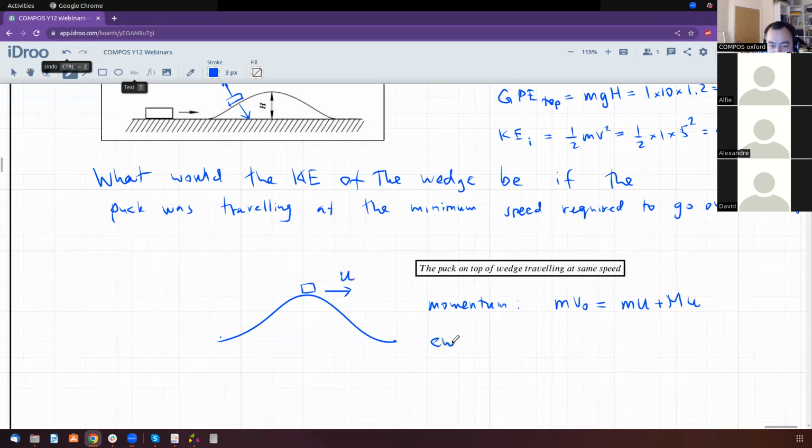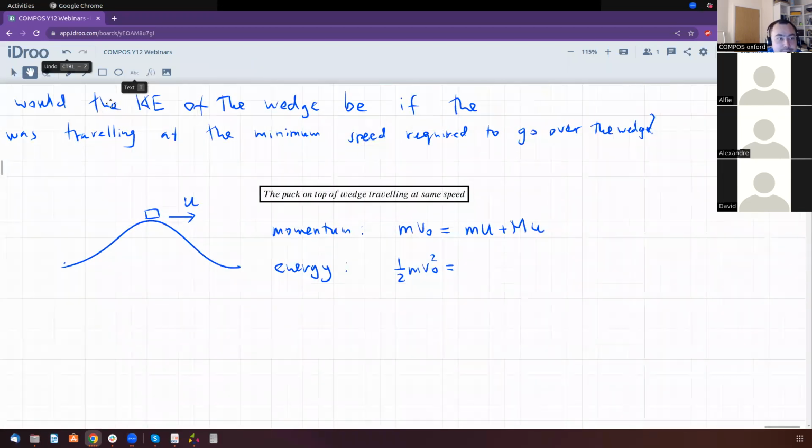And then energy. So the energy of the puck, 1/2 m v0 squared, this is the initial energy, is equal to mgh plus 1/2 m u squared plus 1/2 M u squared.